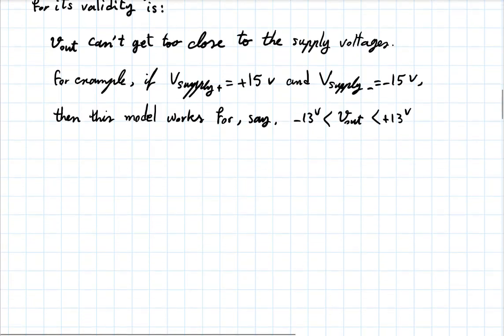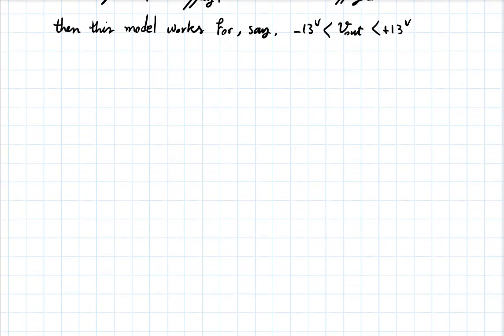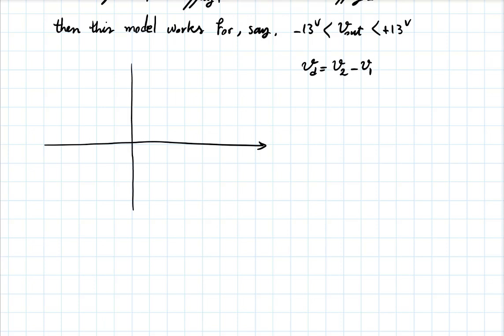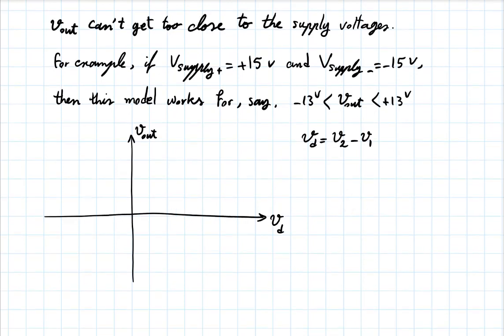So the output, in other words, what we are saying diagrammatically is, if you call the input difference VD, as being the difference between the two inputs, then if you plot Vout as a function of this difference, you're going to see this very high gain linear region, which is supposed to be a straight line.